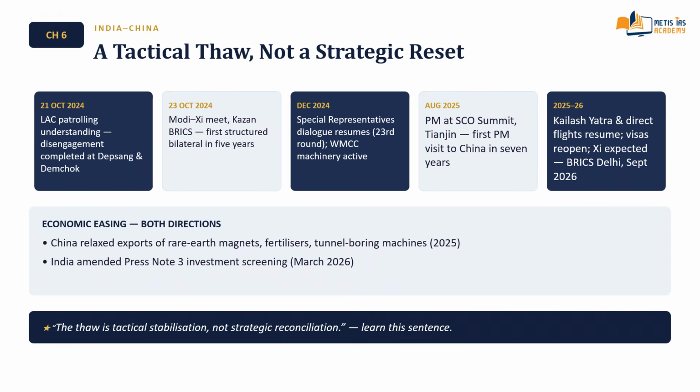Then cross-border electricity trade includes the first India-facilitated Nepal-Bangladesh power flow in 2024, cite as an energy integration example. I'm repeating again, cross-border electricity trade includes the first India-facilitated Nepal-Bangladesh power flow in 2024, cite as an energy integration example.